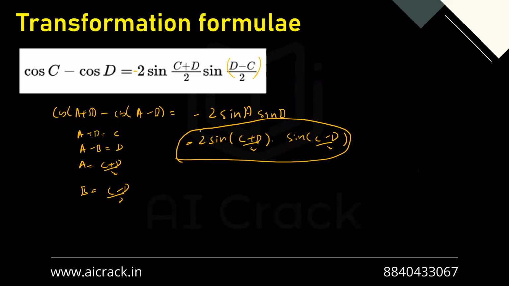So similarly, we'll be remembering minus 2 sine of (C plus D by 2) dot sine of (C minus D by 2). It also makes sense because in every other formula, we'll be using C plus D by 2 and C minus D by 2. So that makes it more comfortable and less confusing, right? That's why we'll be using minus 2 sine (C plus D by 2) dot sine of (C minus D by 2), right?